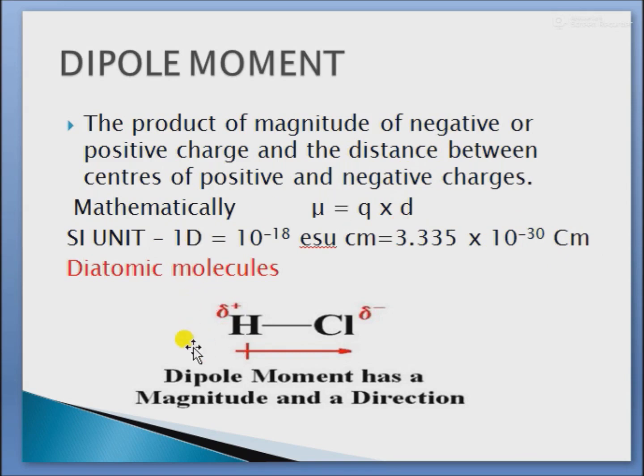For diatomic molecules like HCl, where H acquires partial positive charge and Cl acquires partial negative charge, this is the direction of dipole moment, and this is towards the Cl partial negative, means more electronegative atom, and each dipole moment has a magnitude as well as direction.